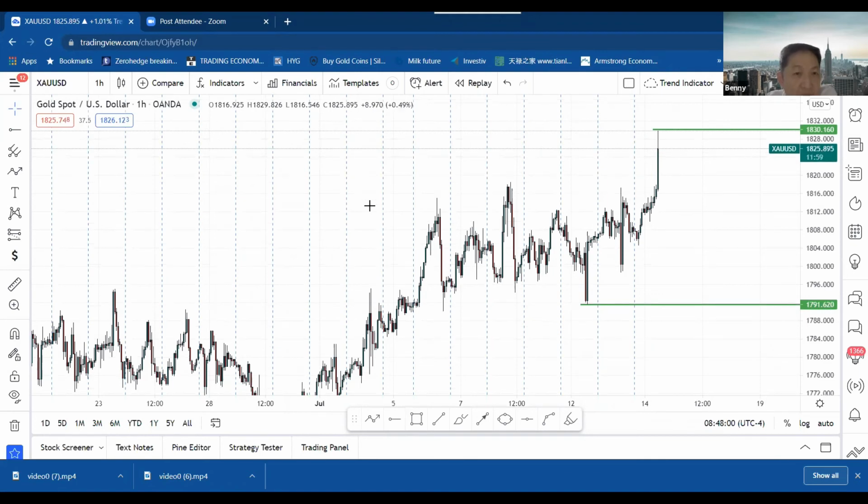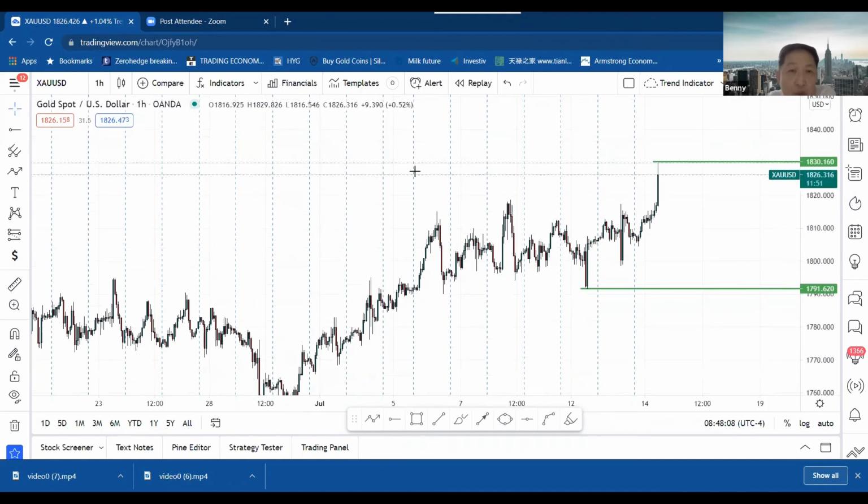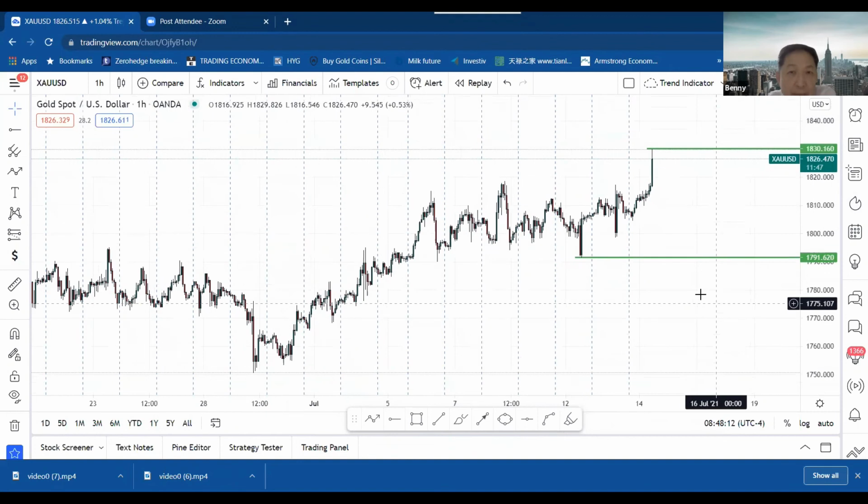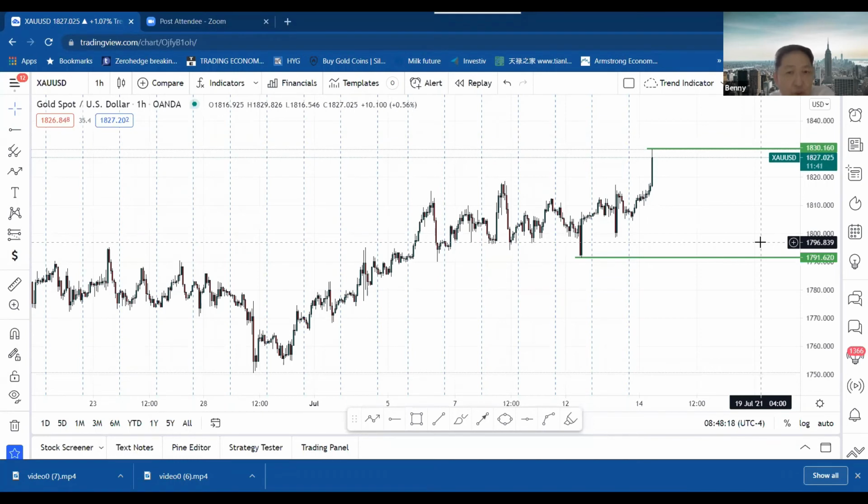Wow, 4-time ERC. That must be news driven. Also, be careful, right? Especially if you are doing intraday, and there's very important news about to be released, like interest rate or non-farm payroll, don't trade, right?